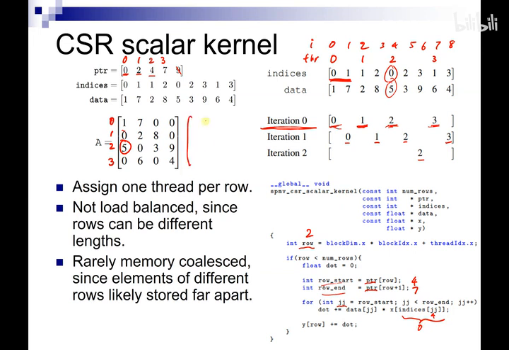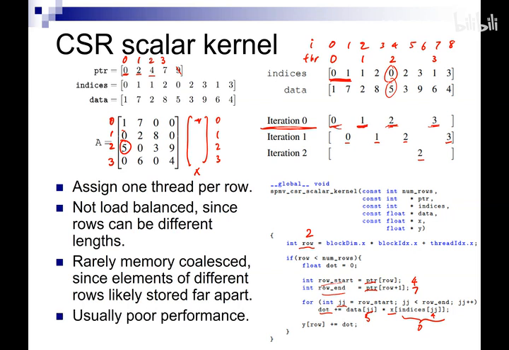What that means is that if you have this X array over here, 0, 1, 2, 3, you need to multiply this 5 by whatever is in the 0th index of X. So you multiply these two values, the 5 and X of 0, and then you add that into your dot product, and eventually into your Y value. Okay, so this works, but it's not load balanced, and you usually don't get memory coalescing.